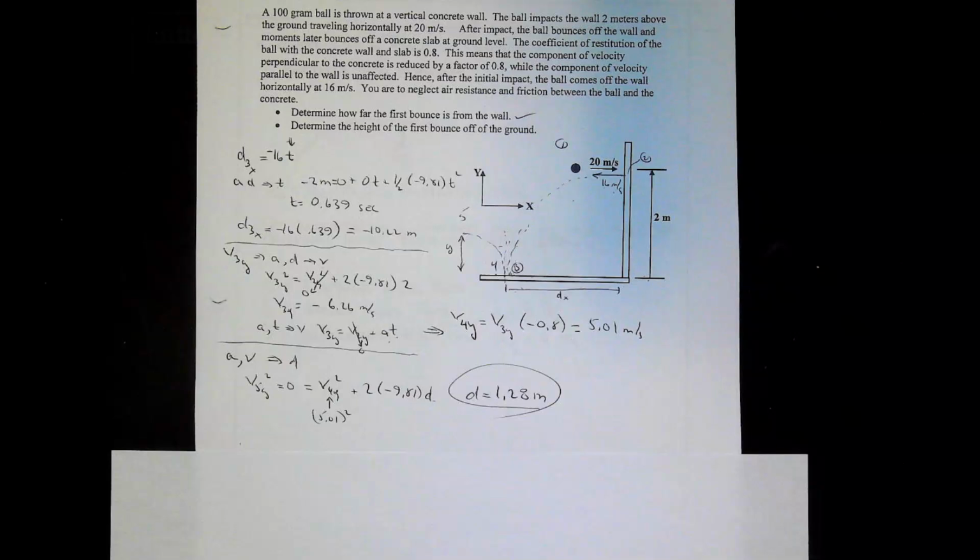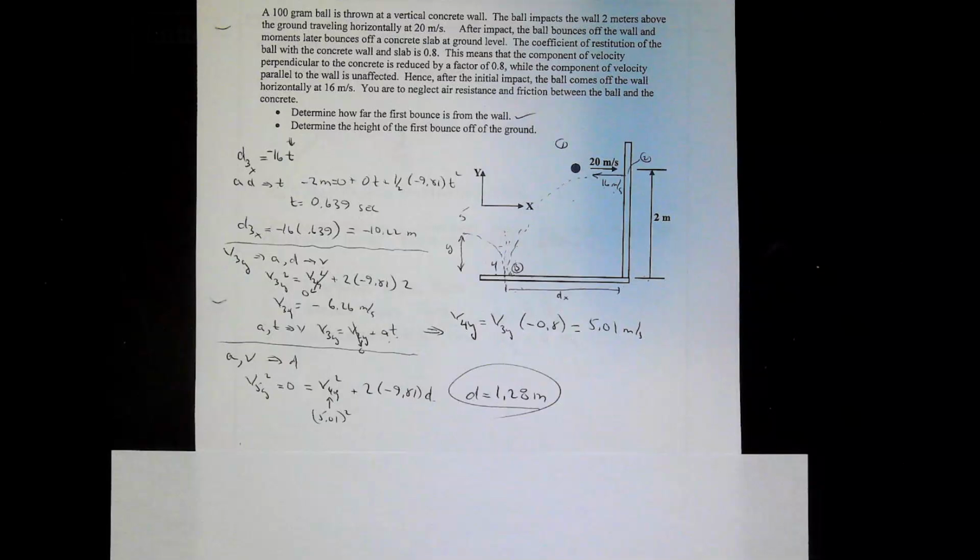So now let's see what we know. I got to get how high this is. I have acceleration. I have initial velocity coming off. I know the final velocity because this is at the peak. How high is the first bounce? So I know A, I know V, I want D. Oh, well that's just flipping around this equation we just used.